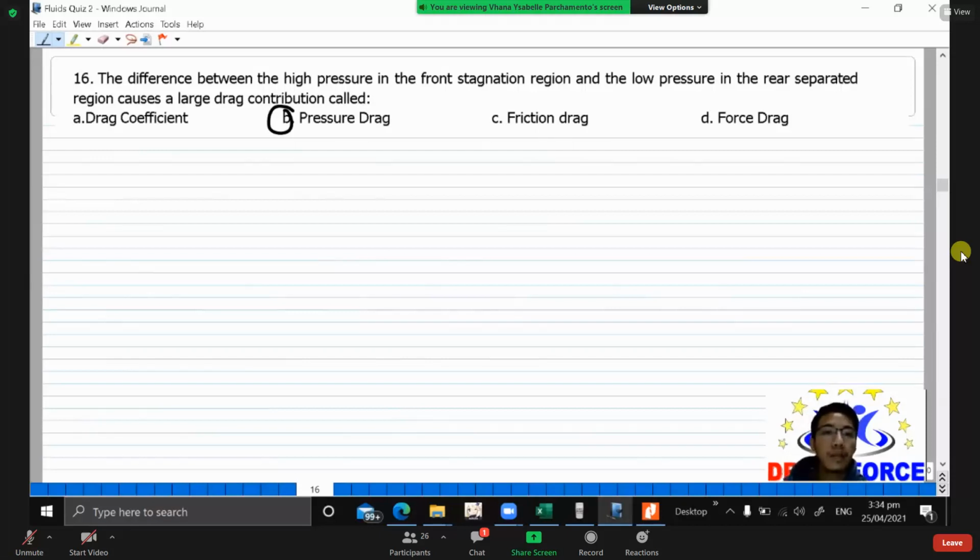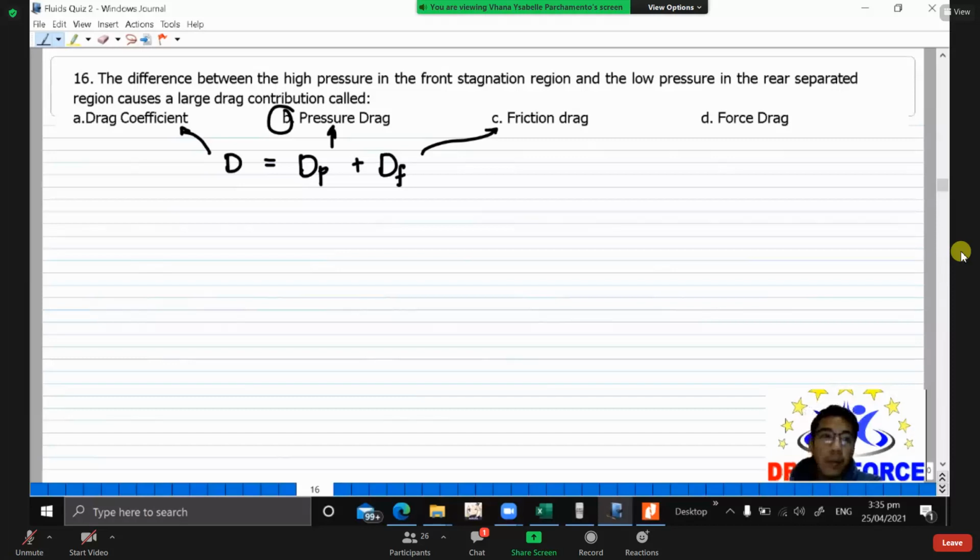Letter B. Pressure drag. Okay, ito kasing number 16, meron tayong formula. Ito yung D natin, that is your drag coefficient. That is equal to the sum of the pressure drag plus yung ating friction drag. Yan yung formula po natin for drag na tinatawag.